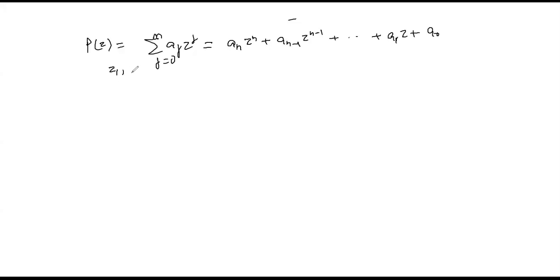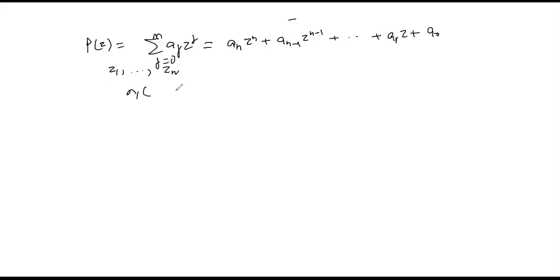और अगर z1 और चूंकि हमें पता है इसके n zeros होंगे counting multiplicities, then there is a relationship between these coefficients. Relationship है in terms of what I call elementary symmetric polynomials.